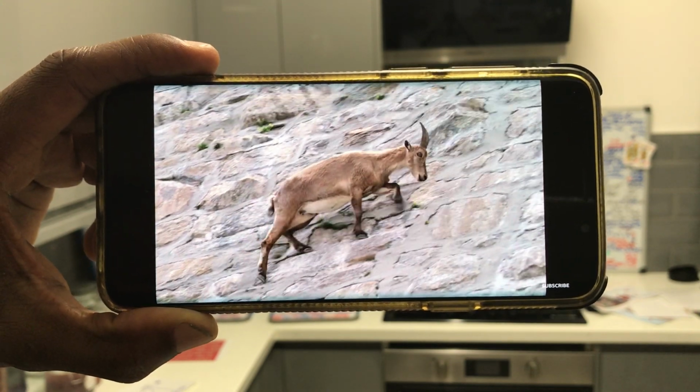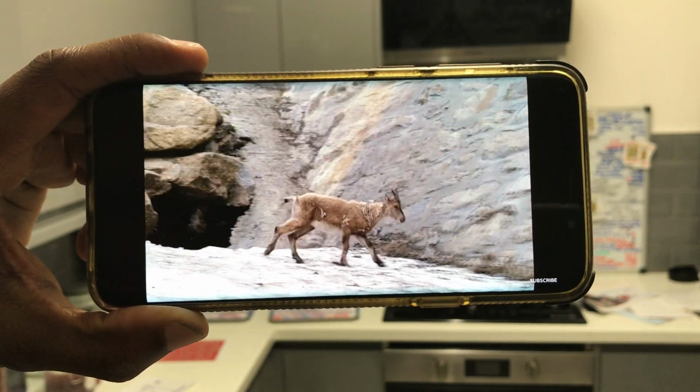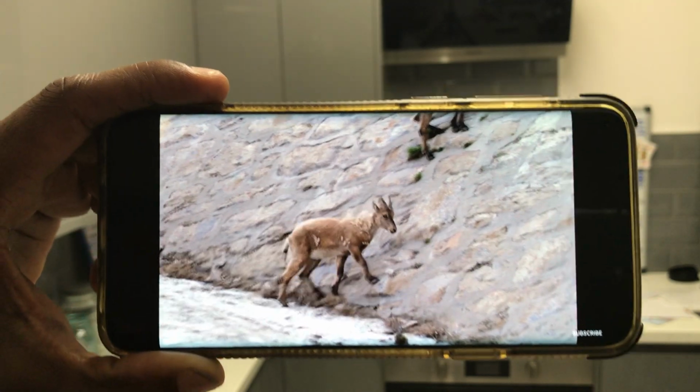There's a strong bond between mother and kid, and the kid will follow her wherever she goes.